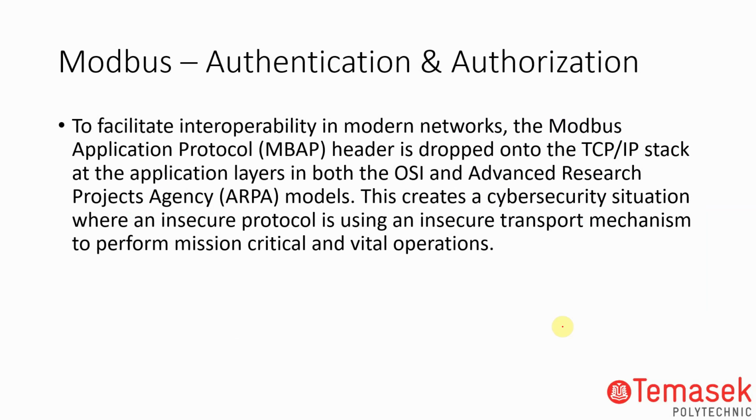Internally, there is an application header, just dropped into the system. There's a header and then there's a payload. Because they look at TCP/IP as an insecure protocol and insecure transfer mechanism, end of the day, that's what this is saying.